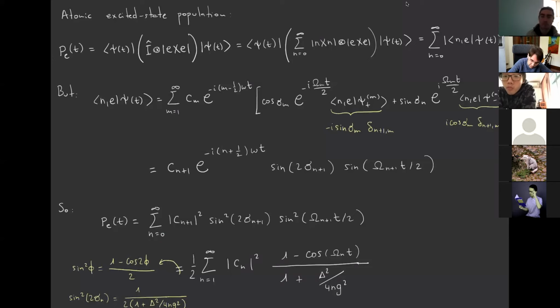And then we see that each of these terms oscillates at its quantum Rabi frequency, omega n, and it's divided by a factor that depends on a single parameter, which is the detuning of the cavity with respect to the atomic transition, normalized to some kind of coupling in the n photon subspace or n excitation subspace.